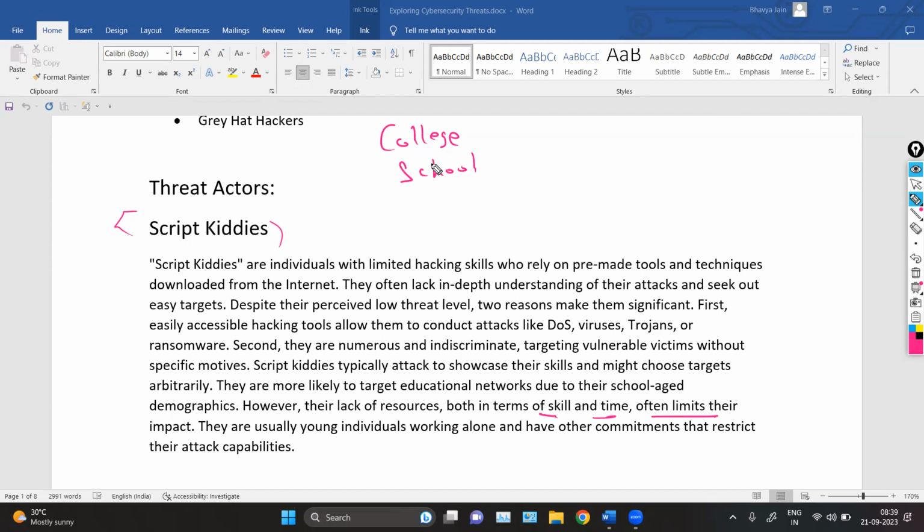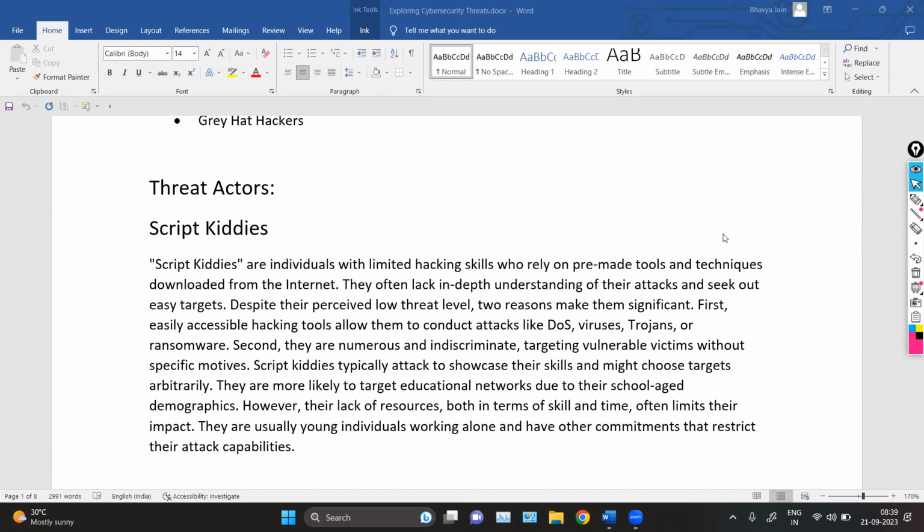With the lack of proper resources, skills, and time, they don't hack large or secure systems. So these are the script kiddies, which is one category.